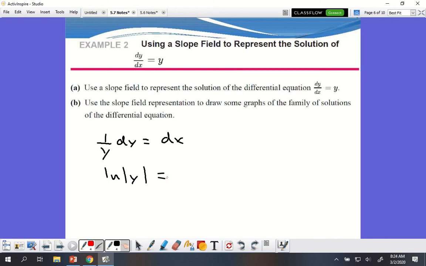Yep. Okay, there's 1 there. But what is it going to be when I take the integration of a 1? No, remember integration we add, derivative we subtract. Yeah, just x, plus c.